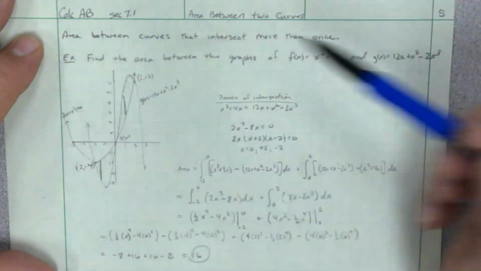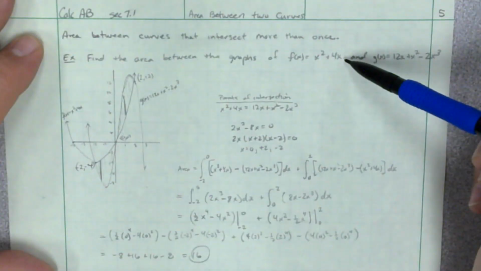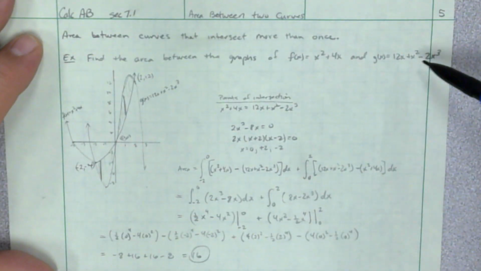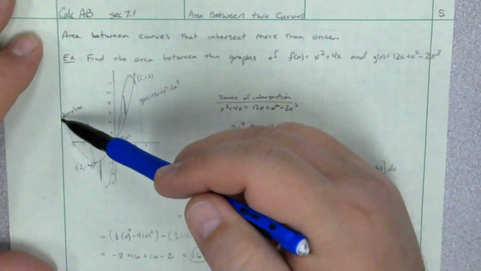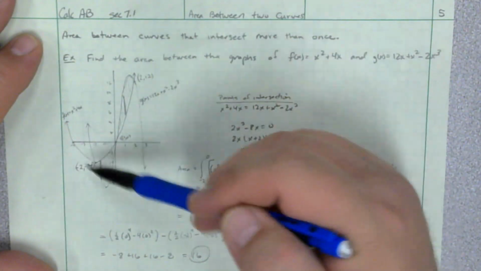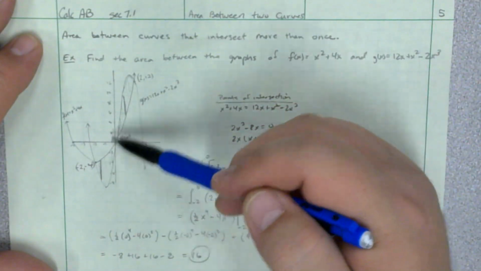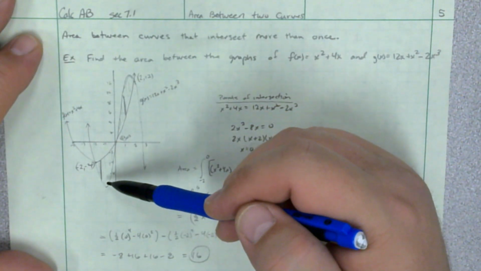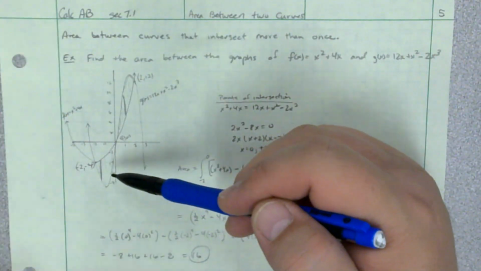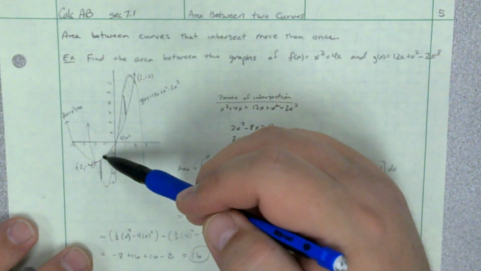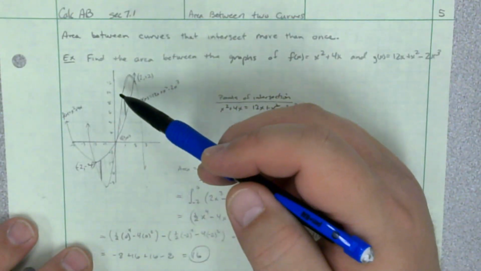y equals x squared plus 4x, and this over here is a cubic, g of x equals 12x plus x squared minus 2x to the third. So the quadratic is right here, and the cubic, you can see, crosses that quadratic, and there are two separate regions here. And what happened is the upper minus lower switches in both regions.